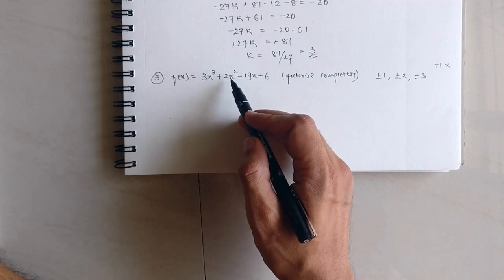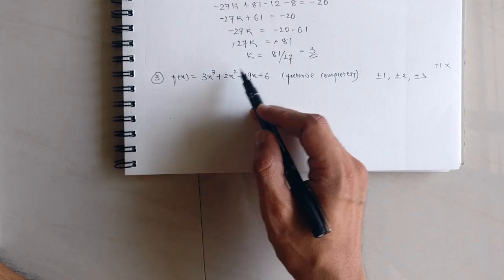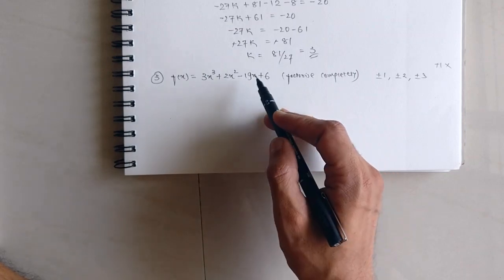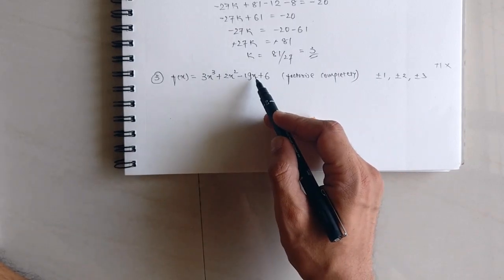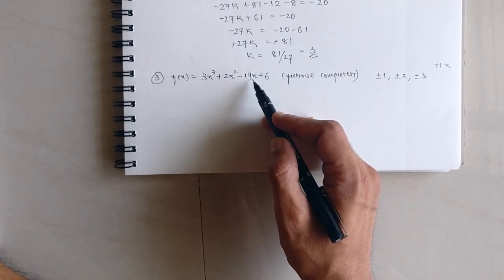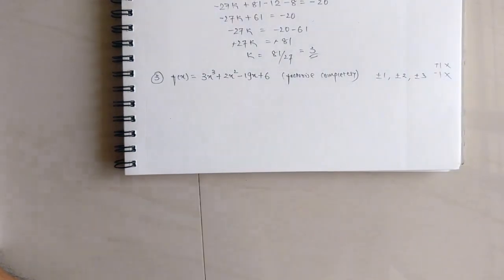Minus 3 plus 2 is minus 1. Minus 1 plus 6 is plus 5, and here you get minus 19 into minus 1, which is plus 19, but you've got plus 5 here and plus 19 here, it does not give you 0, so minus 1 is also out of the question.